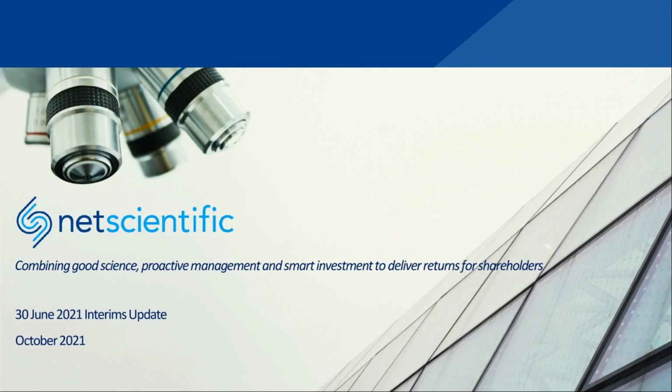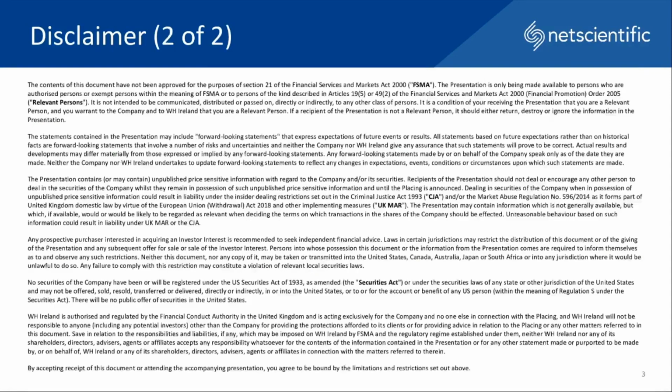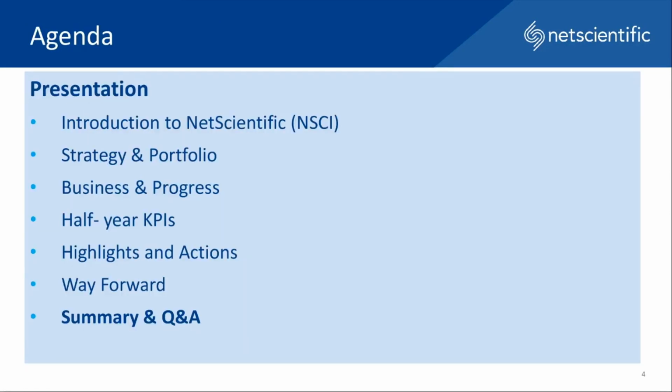So the objective today is really to introduce the NetScientific half-year results to the 30th of June, but also, as you'll see on the agenda there, to provide a broader introduction to NetScientific. I want to explain a little bit more of the background. I'm conscious that some of you will know quite a lot about NetScientific, others may not know as much, so I'll try and strike the middle ground, and apologies if I'm repeating what you already know, or vice versa, not covering all the ground, which we could do in the Q&A later.